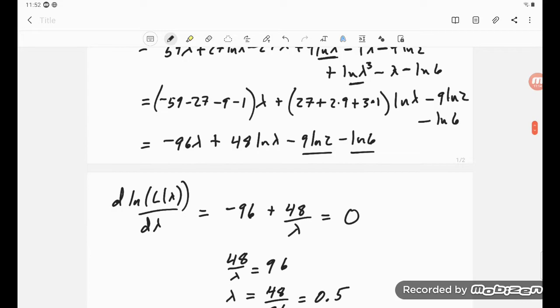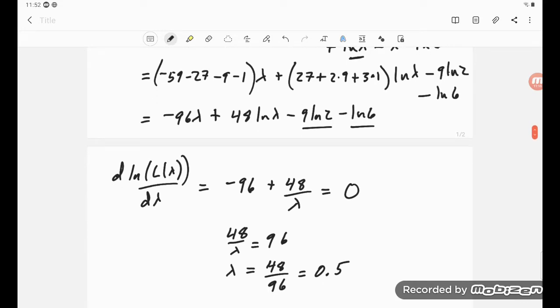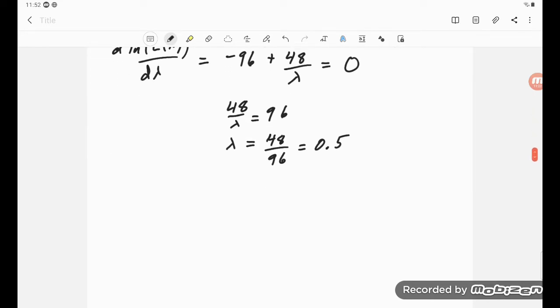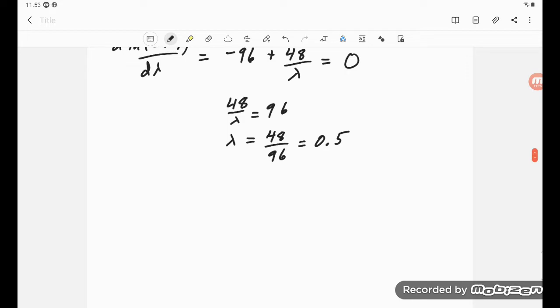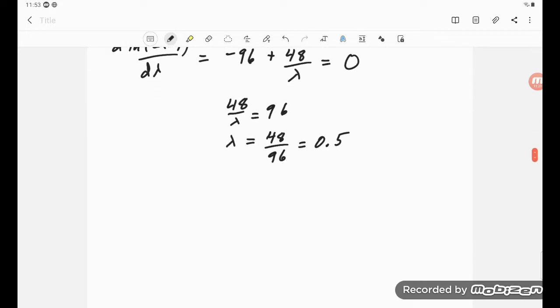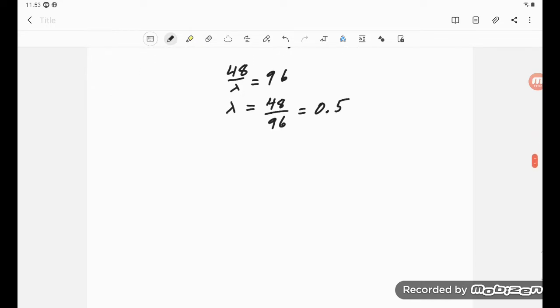Let's see, so yeah, 48, okay. So 0.5, and so I guess that's our maximum likelihood estimate.